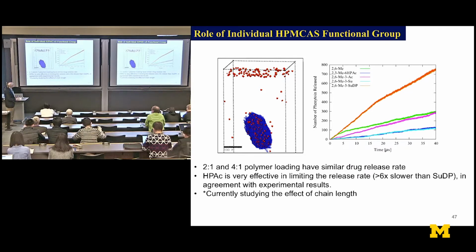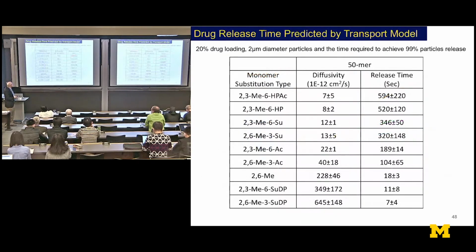And in fact, the ones we identify here as the most effective at slowing the drug release are the ones that have been found empirically to be most effective excipients for phenytoin. So we think this is possibly a design tool that one could use to design these excipients.